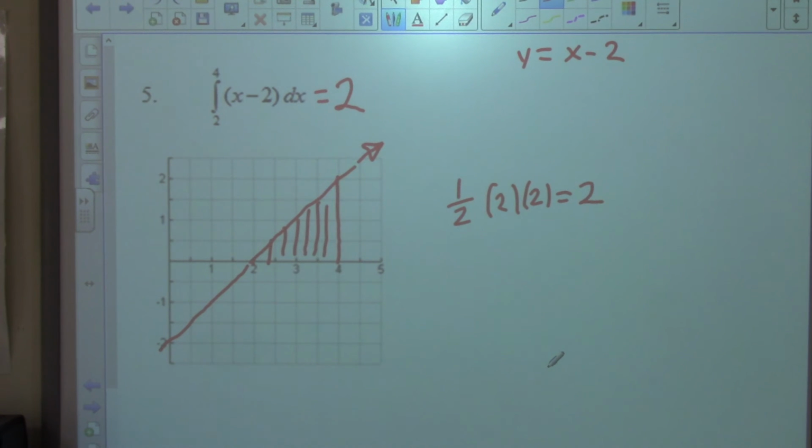One thing that really helps in doing this evaluation, do you remember last year we talked about even and odd functions? Actually, we did that in Algebra 2 also. Remember even and odd functions?